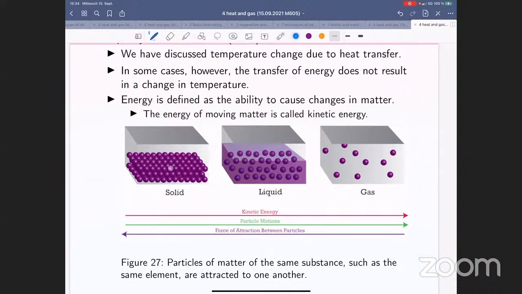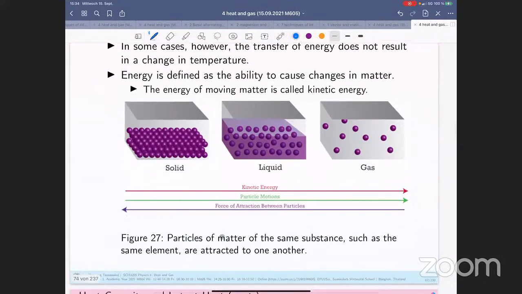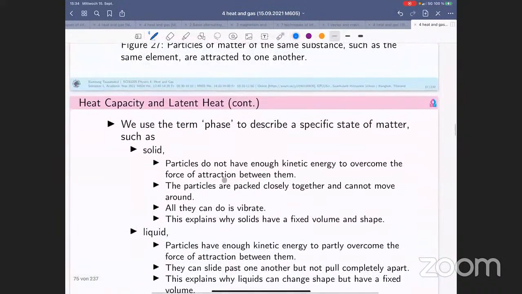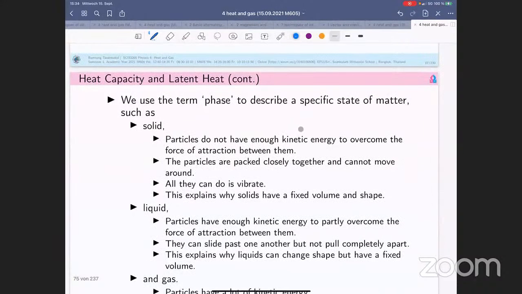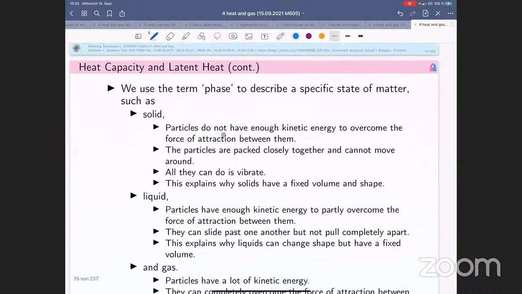Here you have more attractive force, right, because they stay close together, it is tidier, right? And yeah, we use the term phase to describe a specific state of matter, right? For example, solid, right?